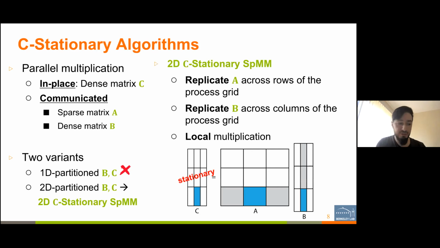And in the 2D partitioned dense matrices case, the algorithm works by first replicating the sparse matrix across the rows of the process grid, then it replicates the input dense matrix across the columns of the process grid, and then it performs a local multiplication.